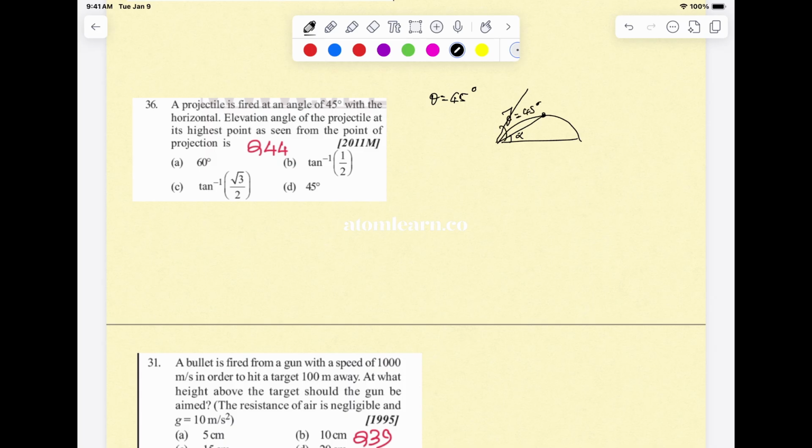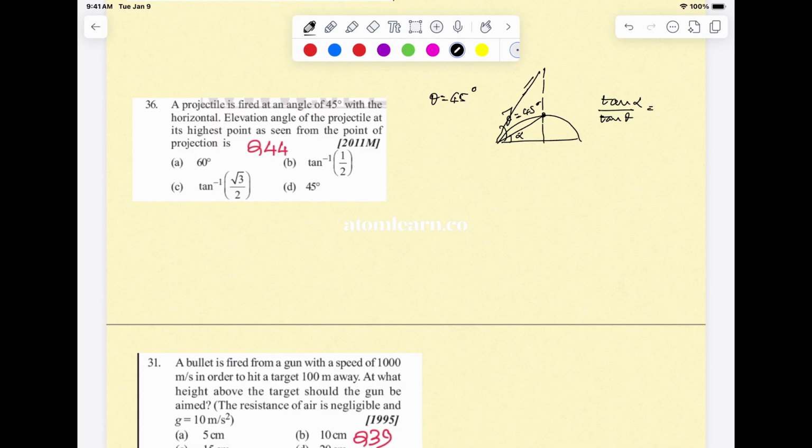Now at the highest point, remember this concept: tan alpha at any point divided by tan theta. Alpha is the elevation angle when the projectile is at any point P. In this particular problem, they have given not any point but the highest point.